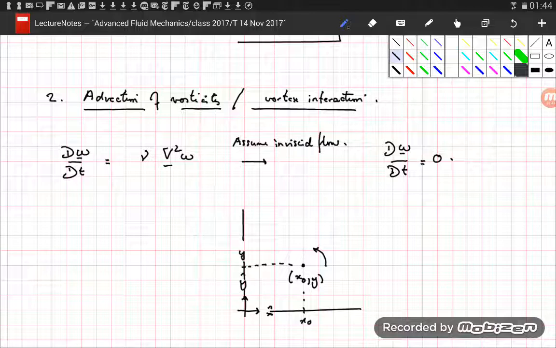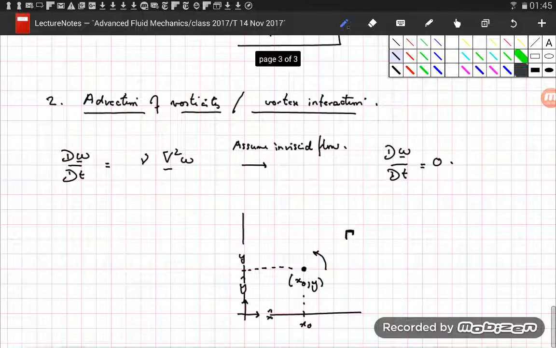So I have a single vortex. From our earlier discussion, if we have a single vortex and we neglect the effect of viscosity, nothing happens. The irrotational vortex is just going to stay here. It's not going to move, and the flow is just going to remain the same flow around an irrotational vortex. No radial velocity, and a velocity in the circumferential direction which decays as 1 over r.